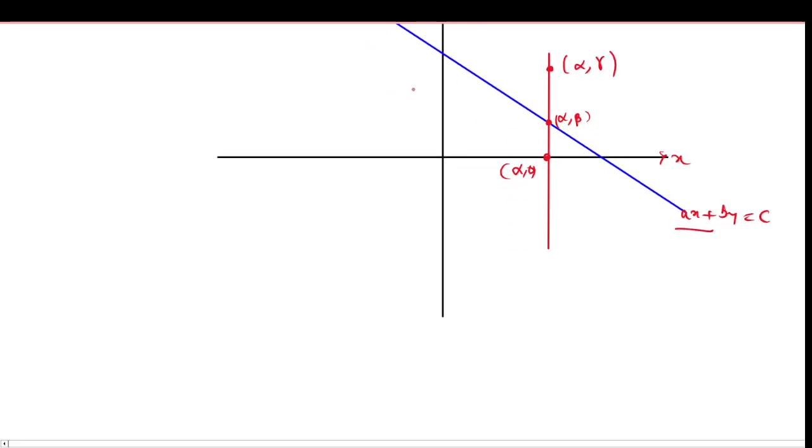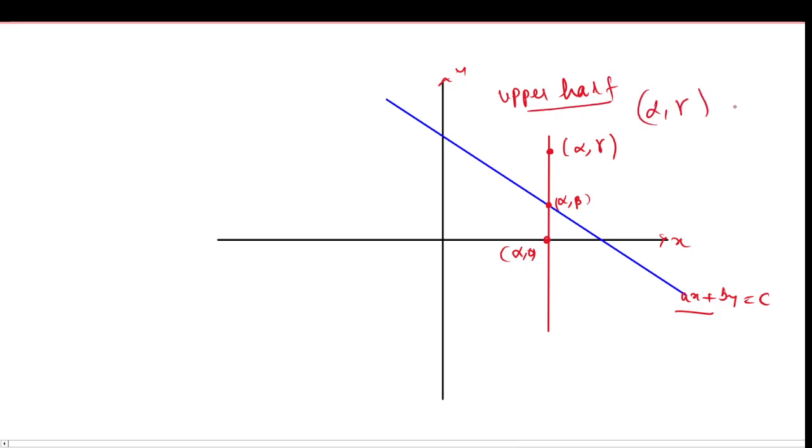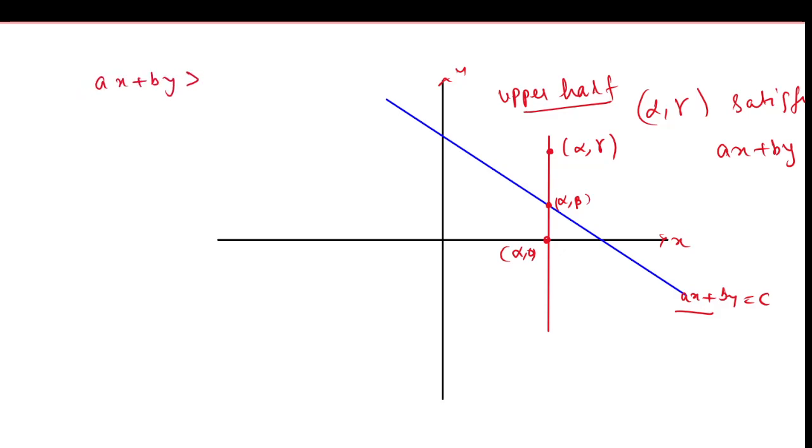So we have to show that any point in the upper half satisfies ax plus by greater than c. So any point alpha comma gamma satisfies ax plus by greater than c.